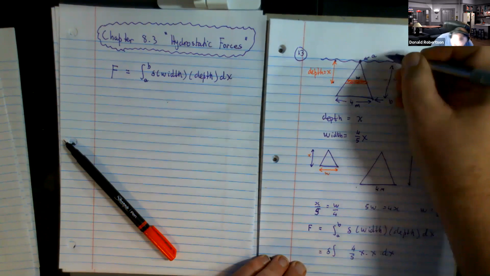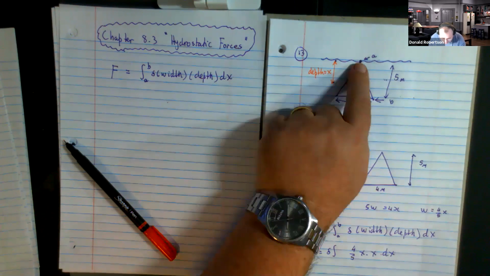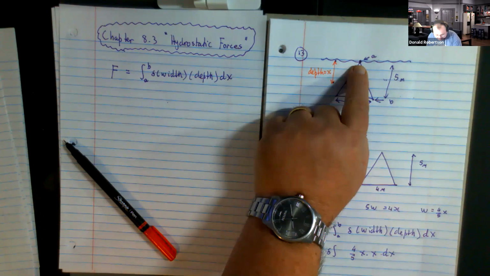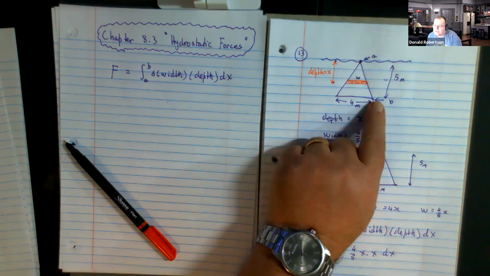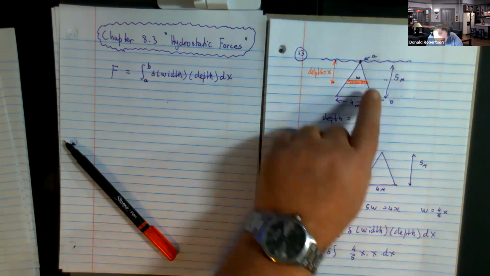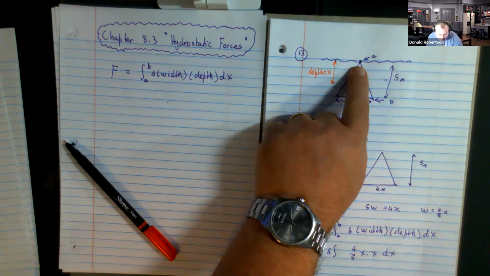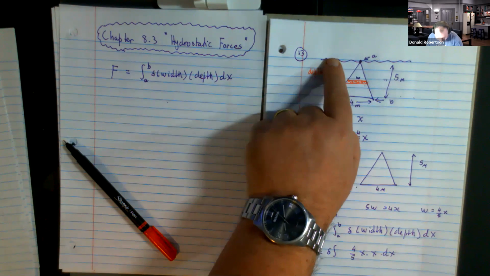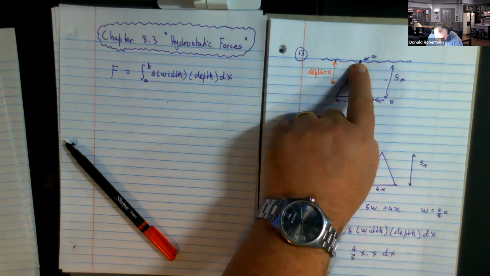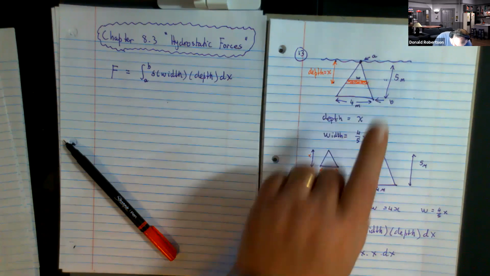A is the value of x that you would get at the top of the triangle, and b is the value of x that you would need to get to the bottom. In this case, since it's right on the surface, and x is the distance from the surface, won't a be 0 and b be 5?